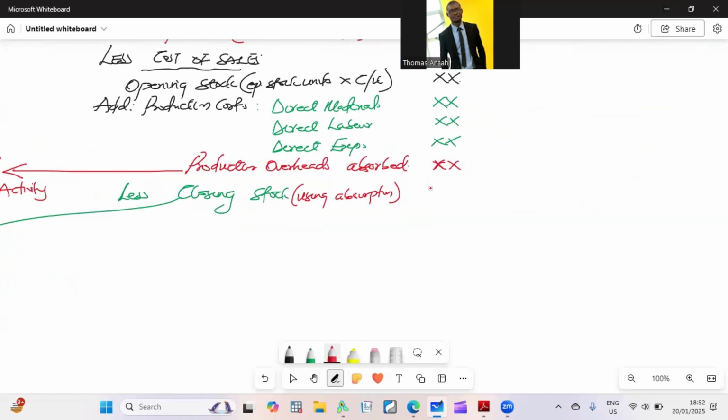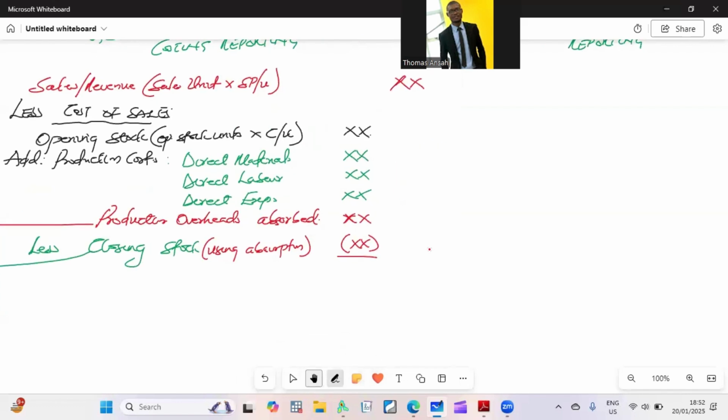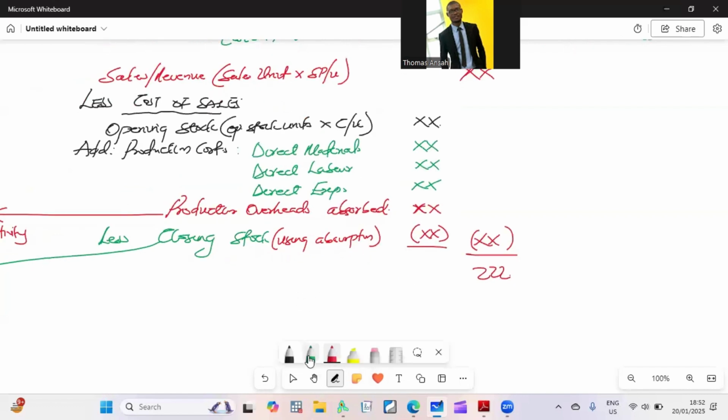We are lessing closing stock. And whilst you less your closing stock, you will get your cost of sales. So take note of the template very well. Once you get your cost of sales, you will get gross profit, like we know in reporting. And since this one is about absorption, anytime there's absorption, obviously there will be over or under absorption.